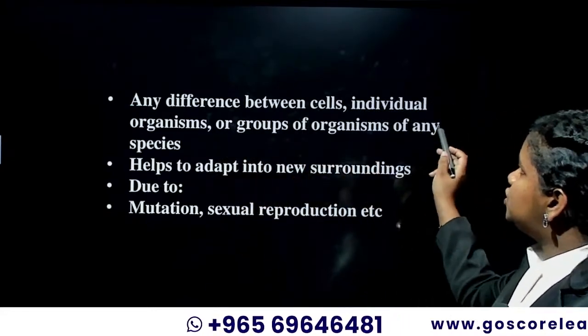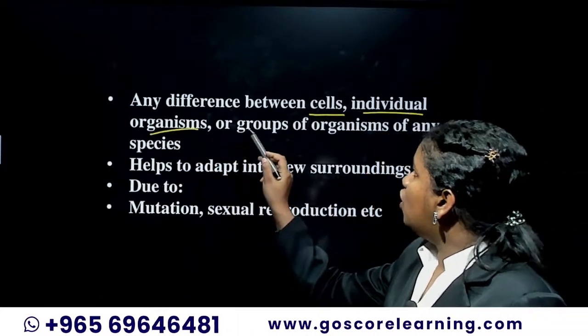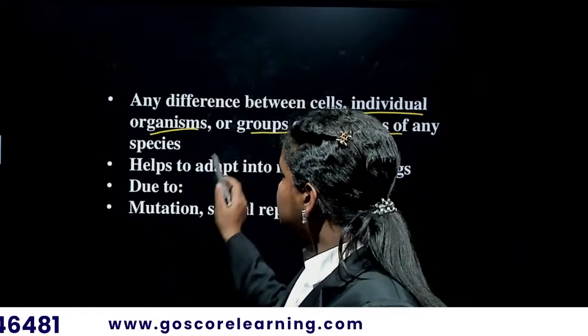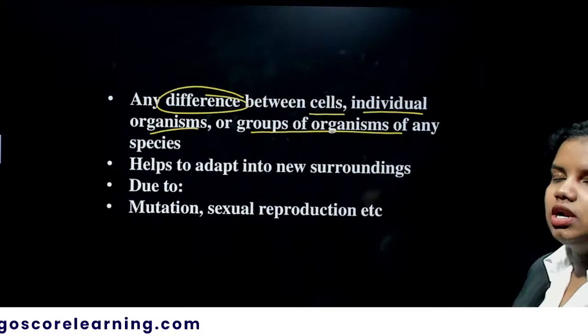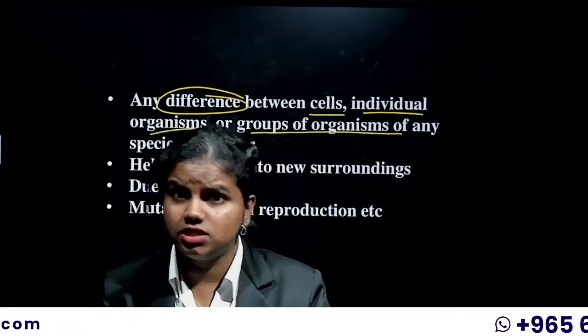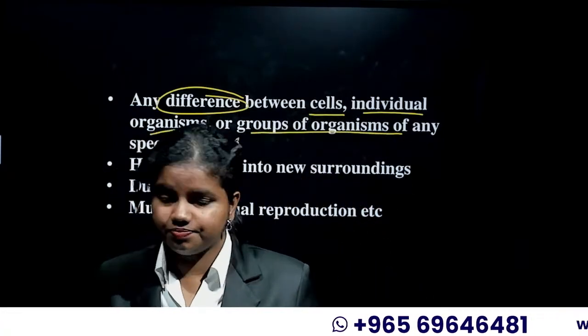Any difference between the cells, individual organisms or groups of organisms of any species is called variation. It's basically the difference that helps to adapt to new surroundings, and this is the same variation which would help me or a bacteria to survive in harsh conditions.